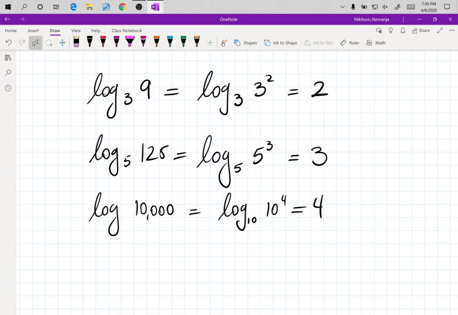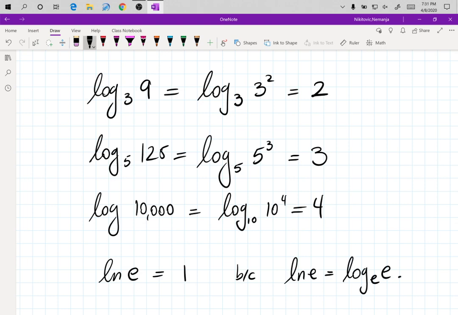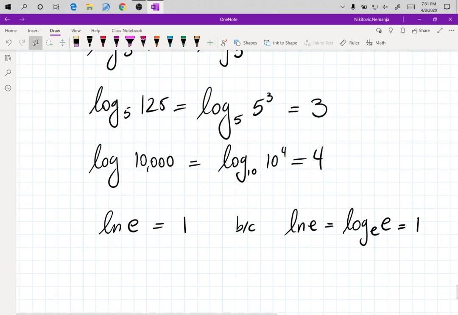Now, what is ln of e? ln of e is going to be 1, because ln of e is the same as log base e of e, and that's 1. But how much is ln of e to the 6th power?